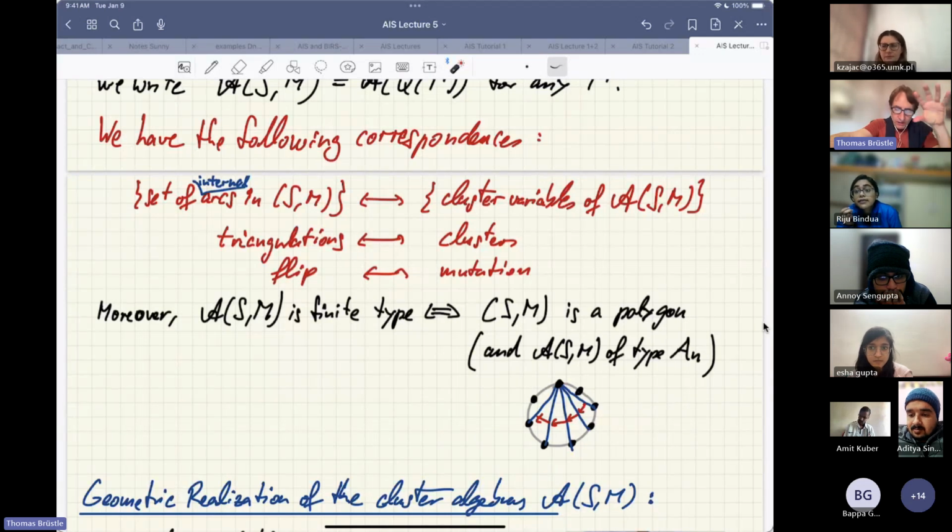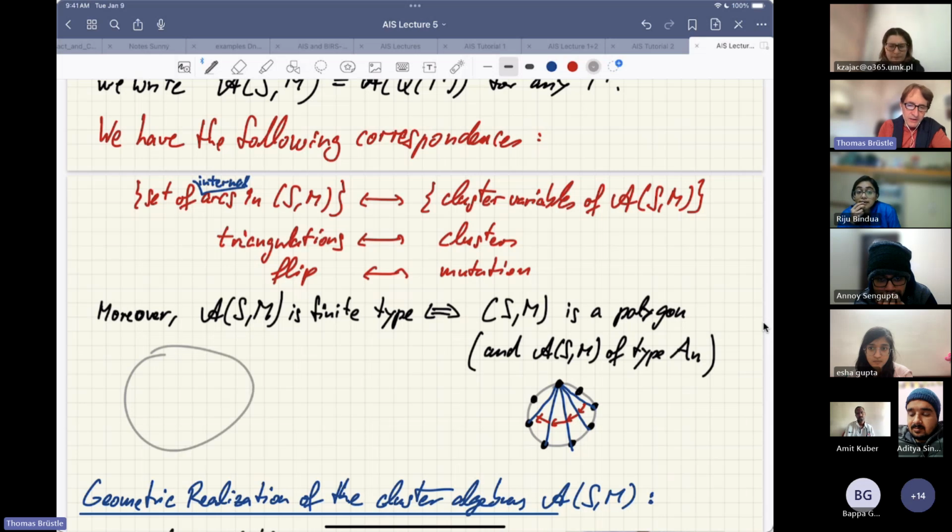This is only if you cut out one disk from the sphere. So if you had a sphere and you cut out more than one disk. If you cut out 2 disks, you get a cylinder. If you cut out 3 disks, and you have some marked points, there's already an infinite number of arcs that you can create.